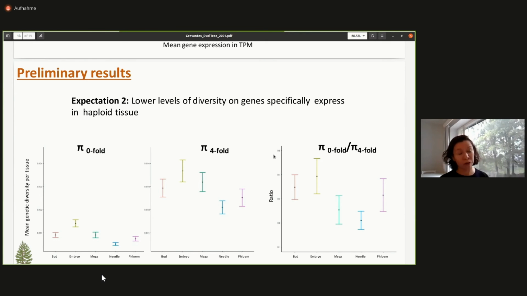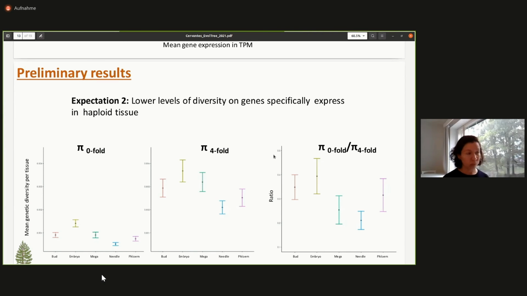With reference to the non-synonymous to synonymous ratio, it's often assumed that you will get lower values of this ratio when there is selection acting, or these low levels could be due to the action of purifying selection. And neither in this relationship is the megagametophyte, the haploid tissue, the tissue with the lowest values for this ratio.